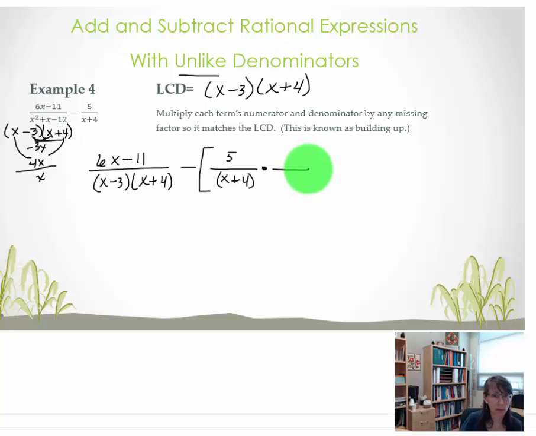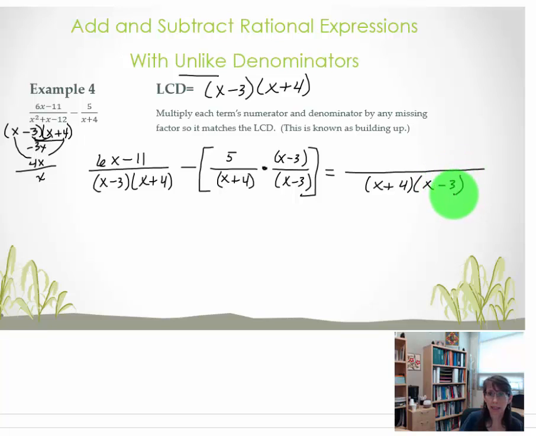What do we need to build it up with? Quantity x minus 3. Right, that's the one that's missing. Okay, so now we can see that both of our rational expressions have exactly the same denominator, and that is quantity x plus 4 times quantity x minus 3. Doesn't matter what order you write those in, as long as you have each one.